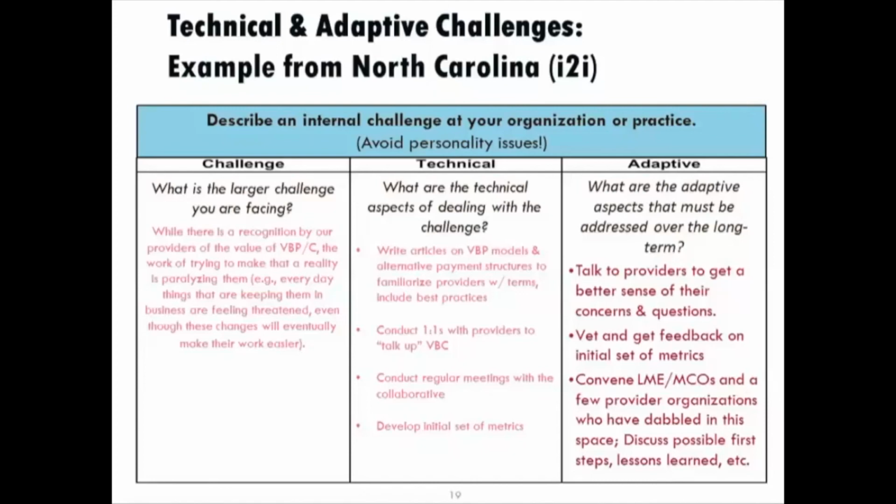This is how it's done. Follow this and you'll be good, right? Whereas the adaptive work is more about engaging the people in the work of finding new solutions when we don't know what all the answers are, right? And so we need the best of everyone to help figure those things out.